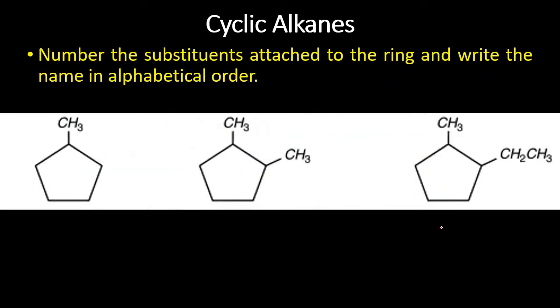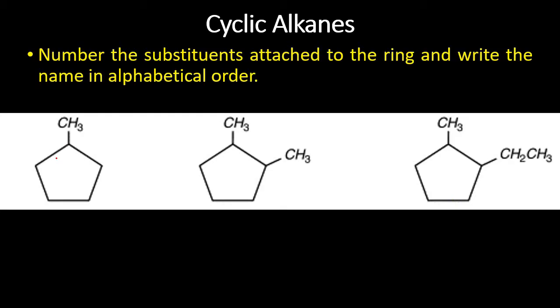Ayan. What if we have branches or we have substituents attached to the ring? So if there are substituents attached to the ring, we need to number our ring in order to show or indicate the location of each substituent. So these numbers will serve as the addresses of each substituent.